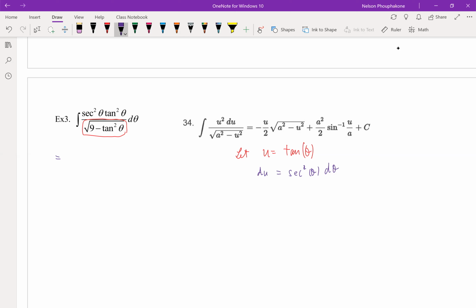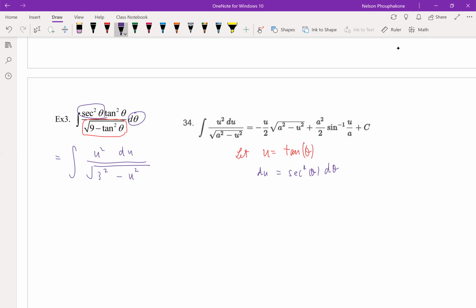In this case, we know that this one with this is du, and u is tangent. So I will have u squared du over square root of 3 squared minus u squared.